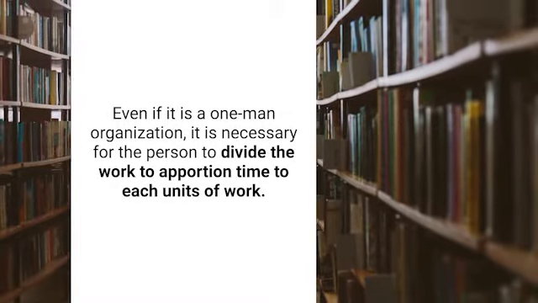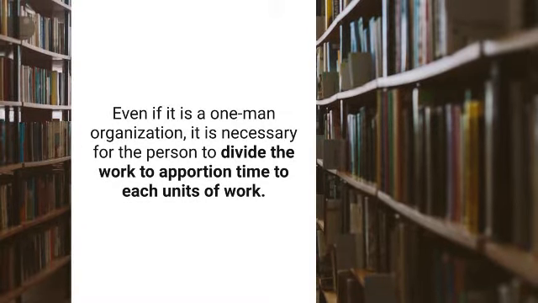Even if it is a one-man organization, it is necessary for the person to divide the work, to apportion time to each unit of work. You are not going to do only one work. You are going to have several activities. So you yourself have to prioritize which one I'll do first and which one I'll do last. Each one of them you have to break into several units so that you can give your 100% to each and every unit which you have broken down.